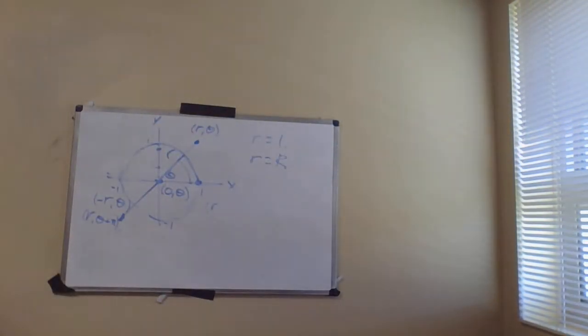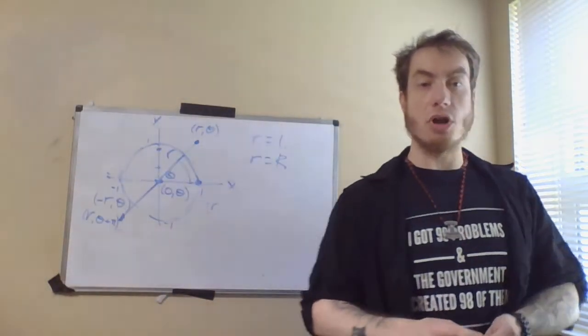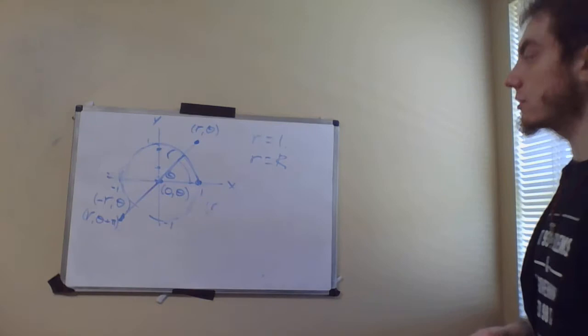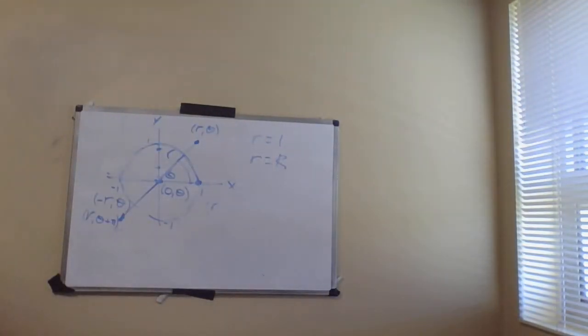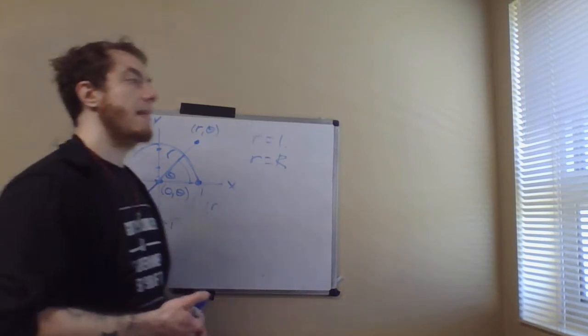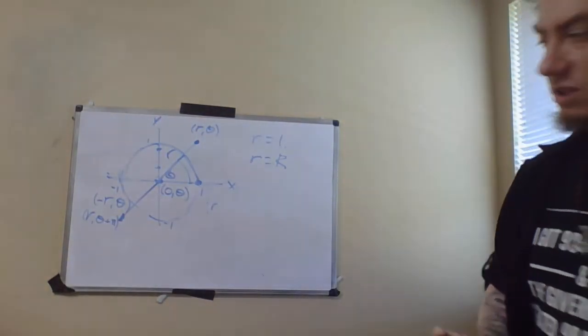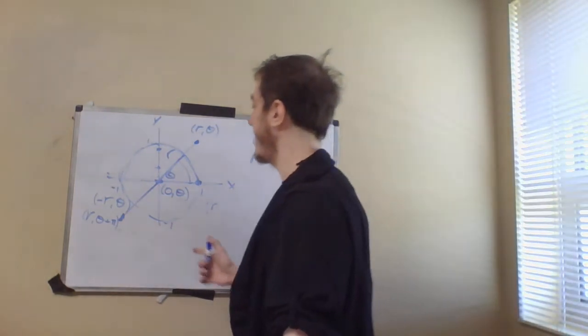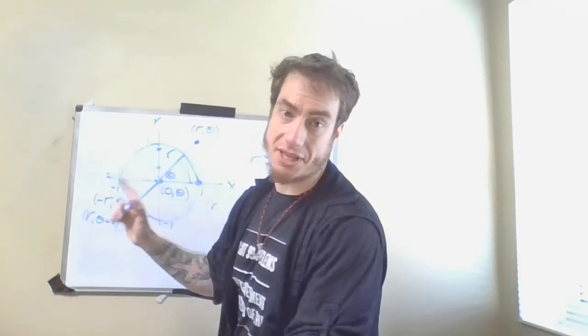So we can see that one of the nice things about this system is that circles are now defined using simple equations, whereas in Cartesian coordinates, circles are defined using somewhat more complicated equations, they're not terrible, but they're a little more complicated, right? Now, the problem, of course, is that this is no longer true if we're talking about a circle that is not centered at the origin.